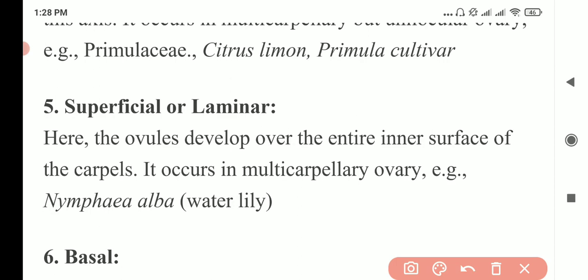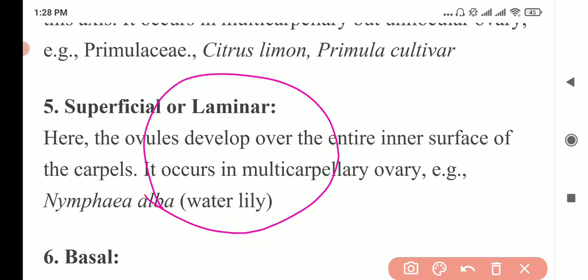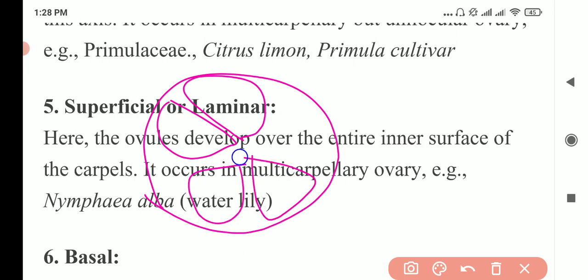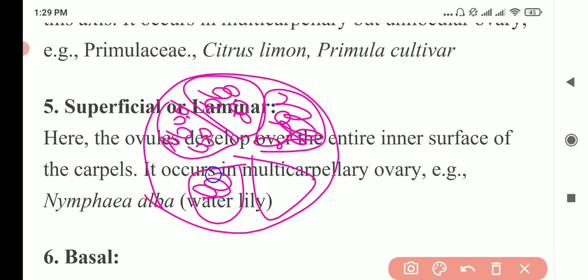Then what about if you cut a slice of a lemon and there are many chambers? Remember those pulpy things that you eat? Those are actually the ovules.